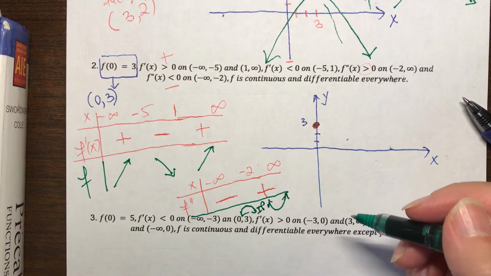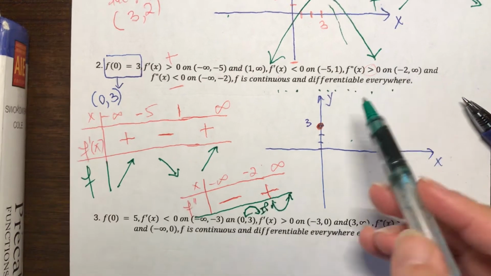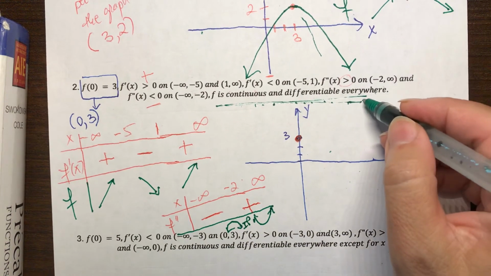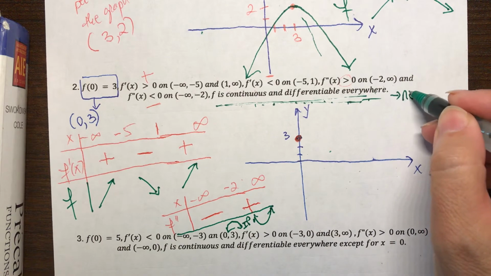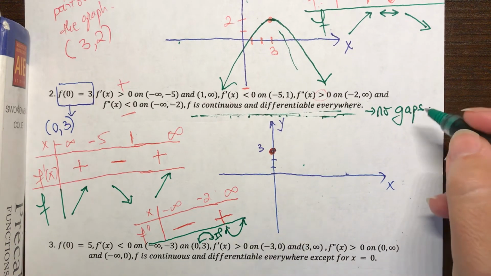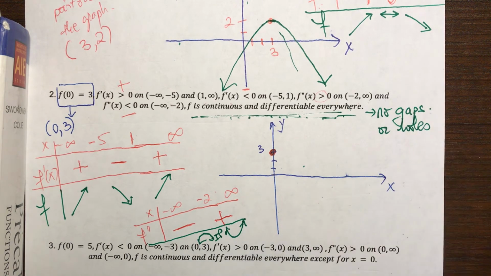And then f is continuous and differentiable everywhere. What does this statement mean, continuous and differentiable? Continuous means no gaps. Yes, no holes. So a nice curve.